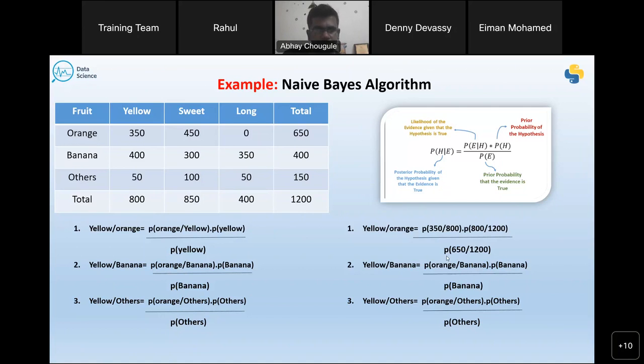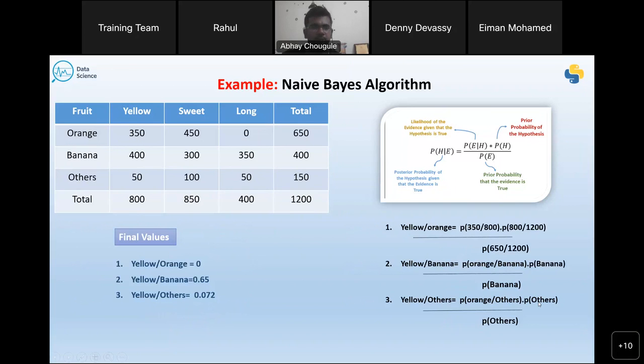The major point to be discussed is that you are going through each and every point, not an issue. Once we go through the points, the final value you will get is this: yellow orange is equal to 0, because 0 is there. If you apply the formula, definitely you will get 0. Then yellow banana and yellow others. This observation is for yellow, so you have to calculate with another.